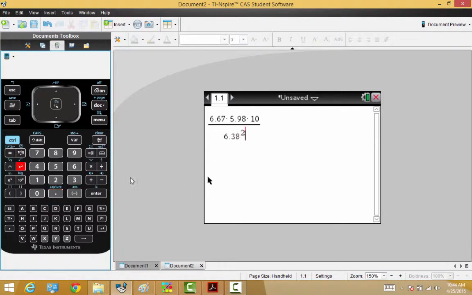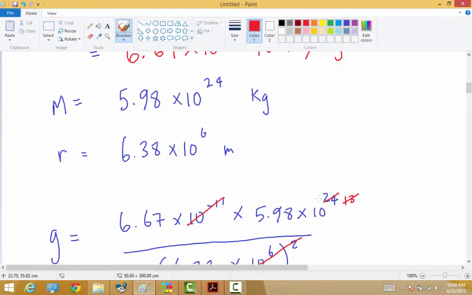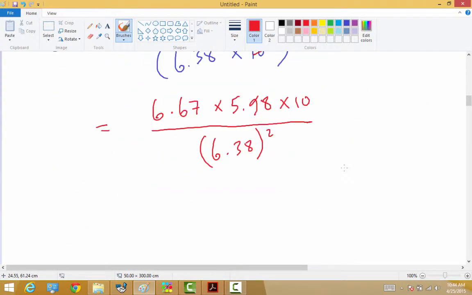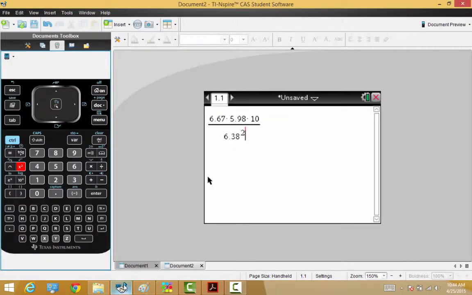And by entering the enter key, we should get a value of 9.81. Let's see what happens. Enter key. Oh, 9.8 is close enough.